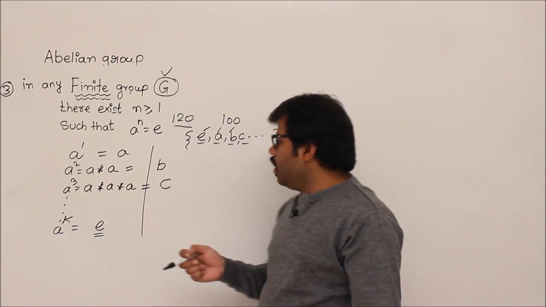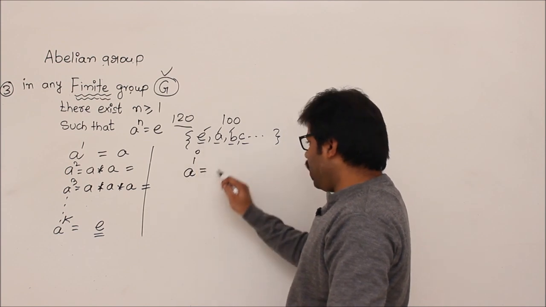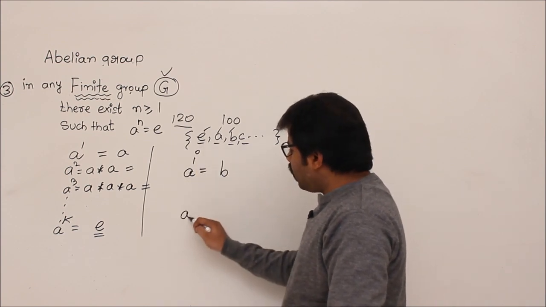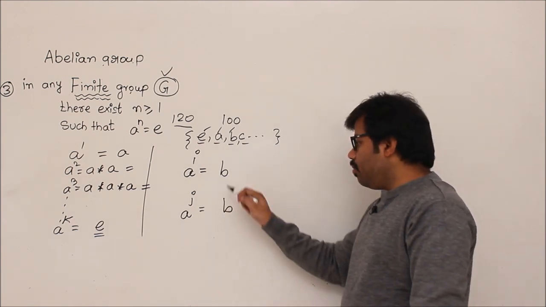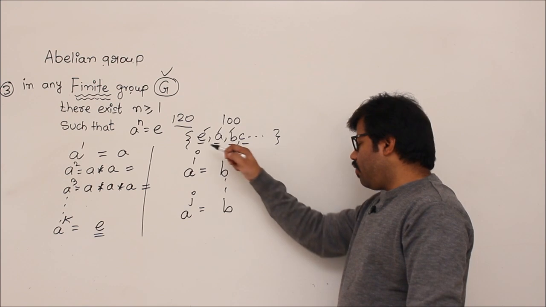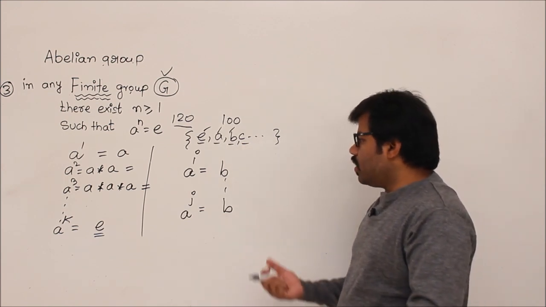That's obvious, correct? Then let us say A power i is B, again A power j is B. So why are you repeating? Because you have only finite symbols, you have to repeat. So that is obvious.